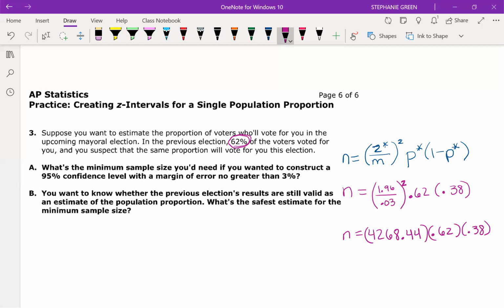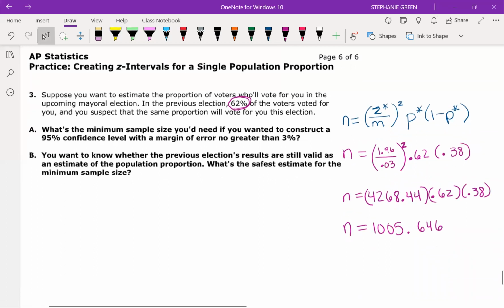And then we multiply all those numbers together to get that n needs to be at least 1,005.6455. And of course, we can't sample a fraction of a person, so I would increase that by 1. We always round up when we're looking for a minimum because we can't go lower than the absolute minimum. So we have a minimum sample size of 1,006.